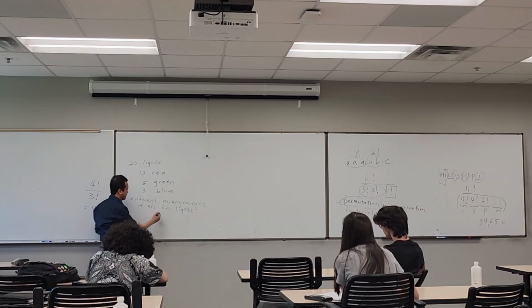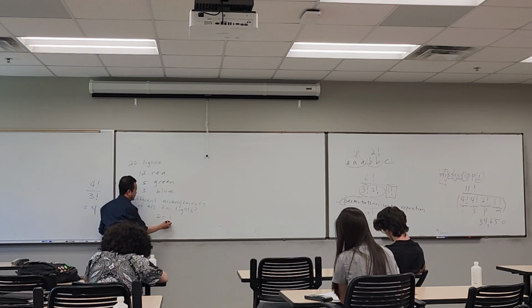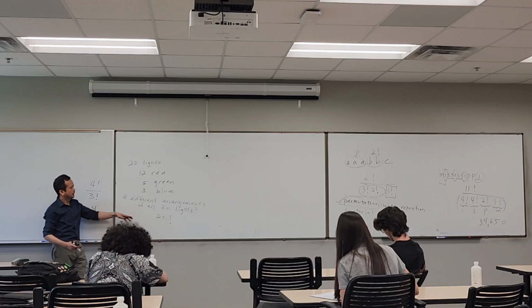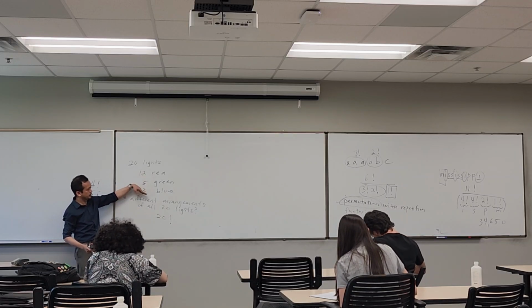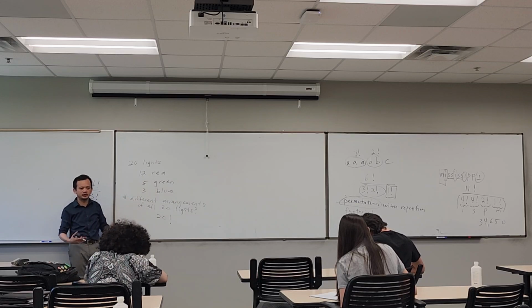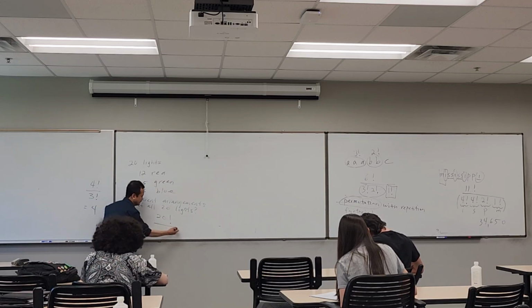We had already done that case in a previous example. But now the fact that some of them repeat means that there's going to be less possibilities. That's why we're dividing out.